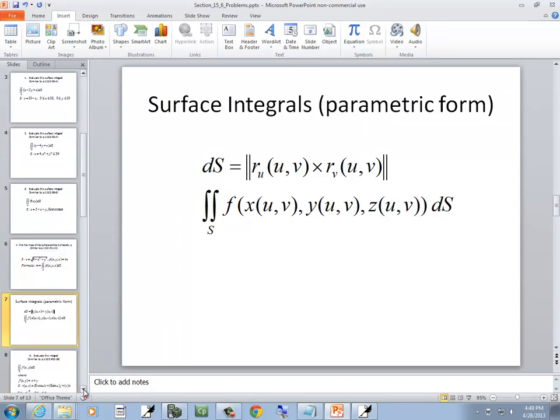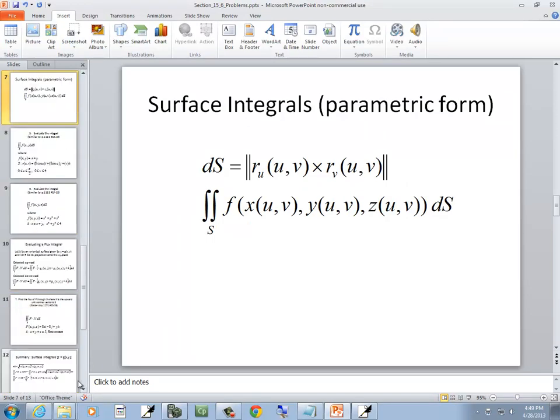Okay. Now sometimes, and I'll summarize this all at the end, your surface integrals are in a different form. They're in parametric form. This is where you have r of uv is equal to x of uv i plus y of uv j plus z of uv k. Then this would be the formula you'd use.